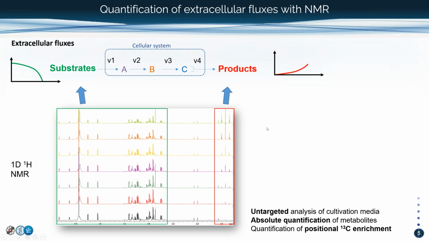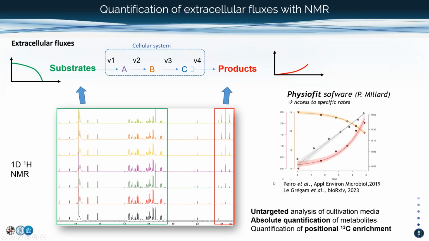But we can also get, for example in this case, the labeling of compounds that are going out from the cells. Thanks to tools that were developed in the lab a few years ago, and that are still being developed, we can get from those data really easily the specific rates of consumption and production of the compounds outside, and so we get data that we can directly provide to the models to calculate fluxes.